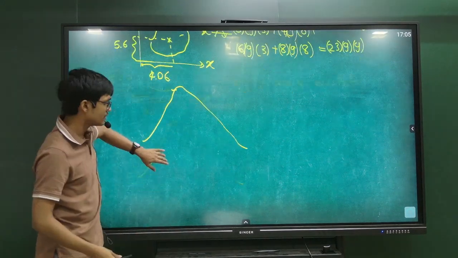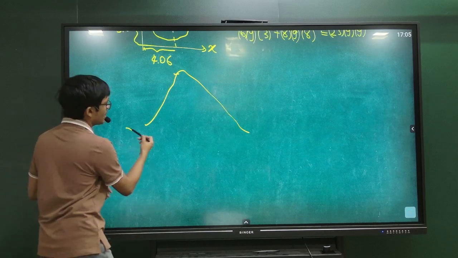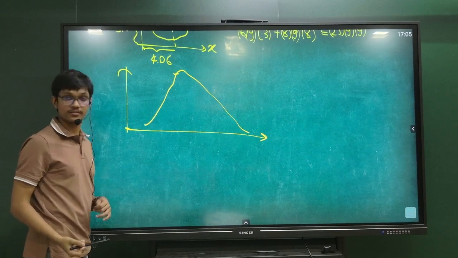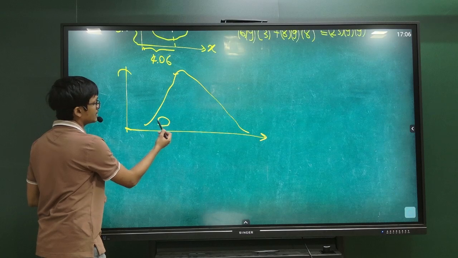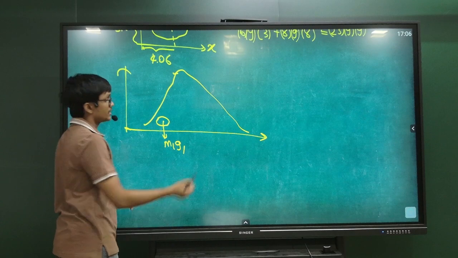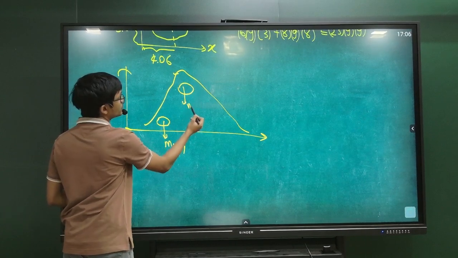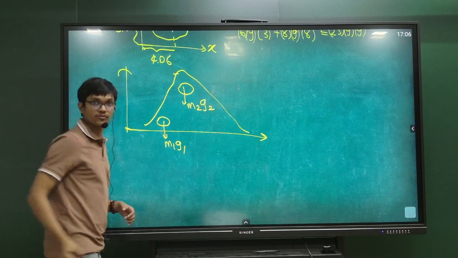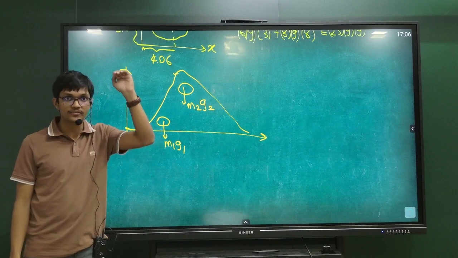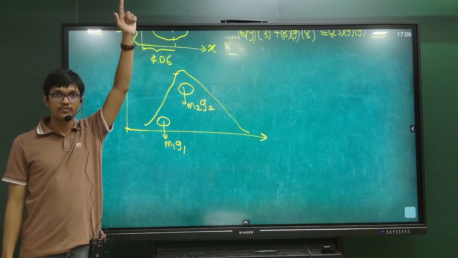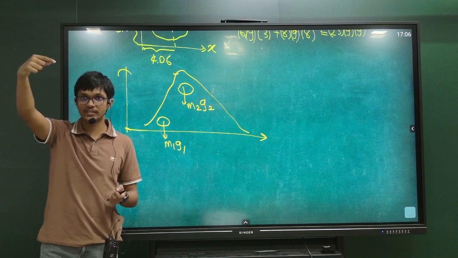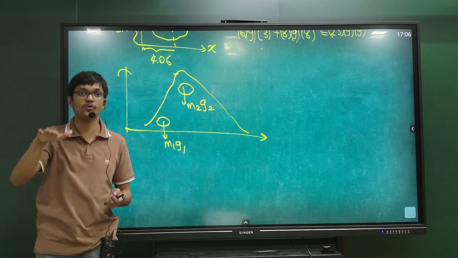But attention, if you apply the same concept for Mount Everest, here it's M1 G1, here it's M2 G2. Why? As you know, gravitational acceleration decreases with the height, right? When you are so far from Earth, gravitational acceleration is really low, right?